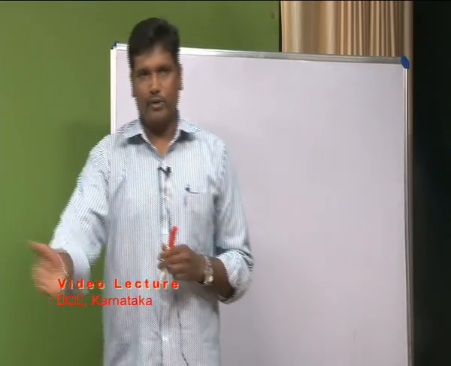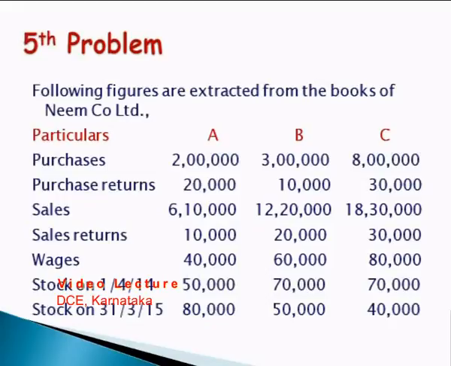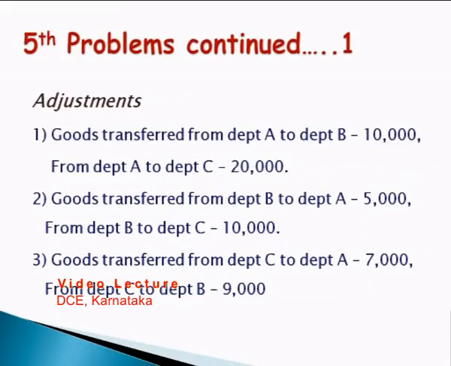See the 5th problem in the slide. The following figures are extracted from the books of Neem Company Limited. Here we have 3 departments: Department A, Department B, and Department C. We have items like purchases, returns, sales returns, wages, opening stock on 1/4/2014, and closing stock on 31 March 2015. In adjustments we have goods transferred from Department A to Department B 10,000, and goods transferred from Department A to Department C 20,000.